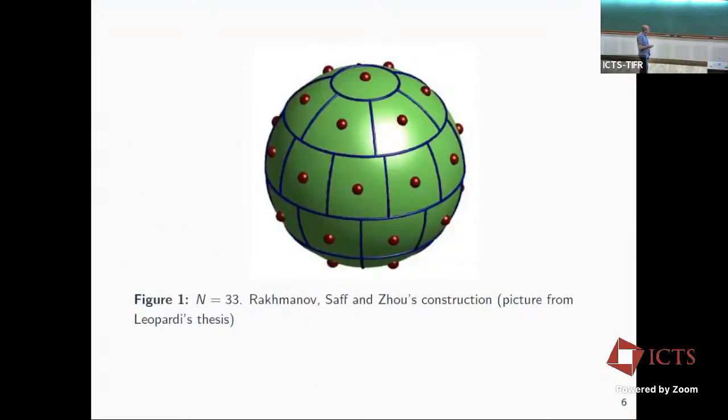So this is a picture of the construction of Rakhmanov, Saff, and Zhou. As you see, this doesn't give you a convex region because you are using your parallels. But anyhow, they were not interested in that. They were interested in having a small diameter.